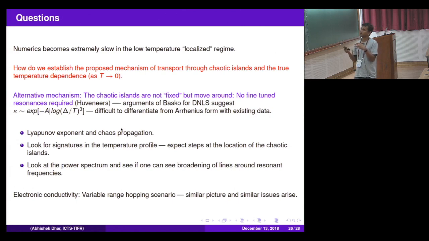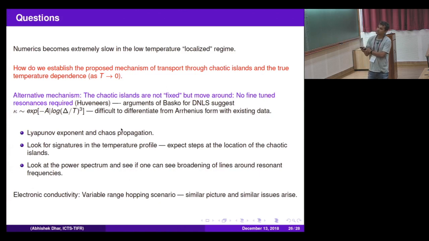For the discrete nonlinear Schrodinger equation, there are some quite rigorous arguments due to Vasco, which suggest that you don't really need these fine-tuned resonances, but you can just generate chaos out of long enough systems which are somehow close to resonances. So once you take a big enough system, it can automatically generate the required resonances.